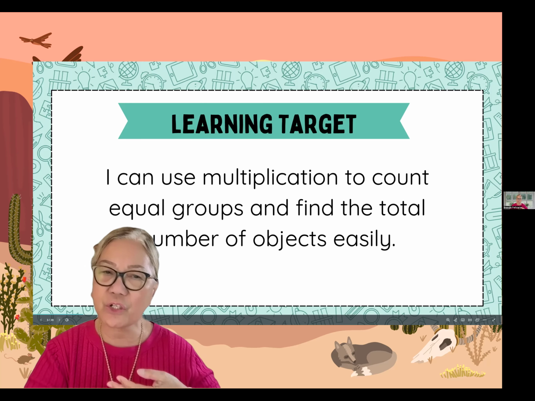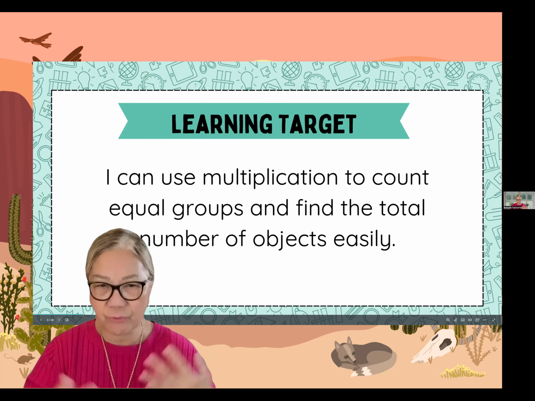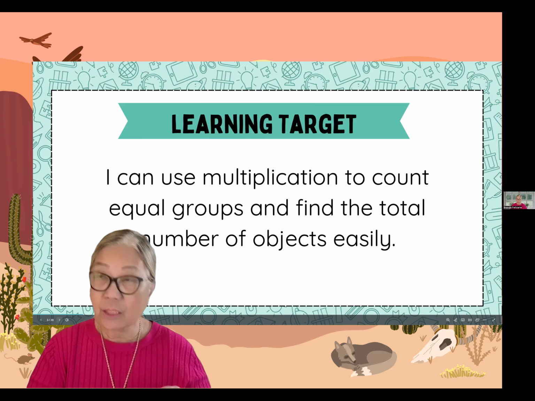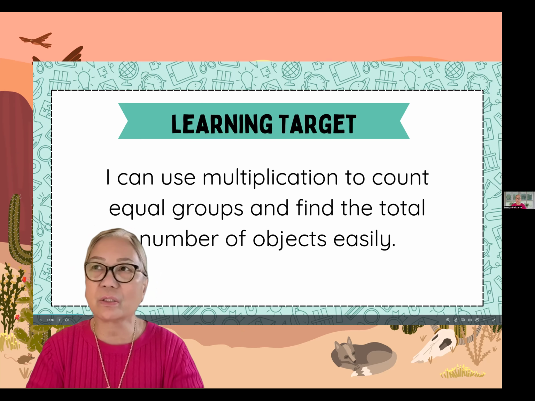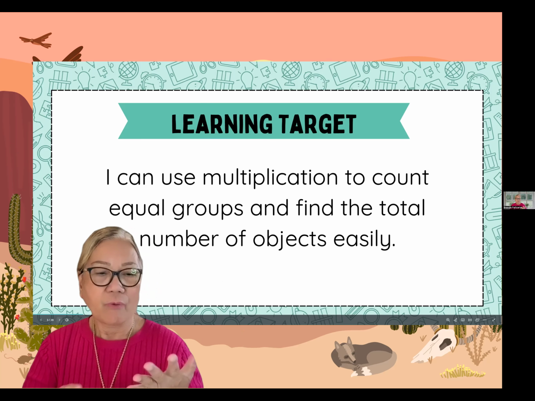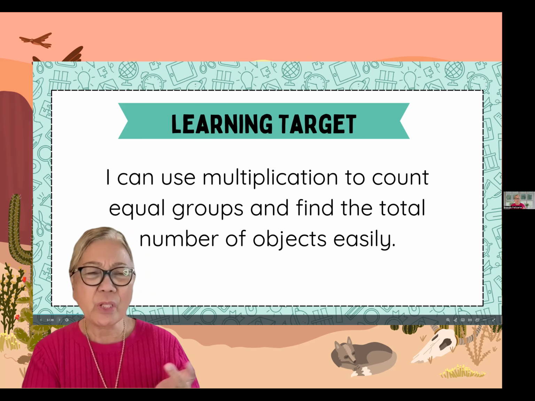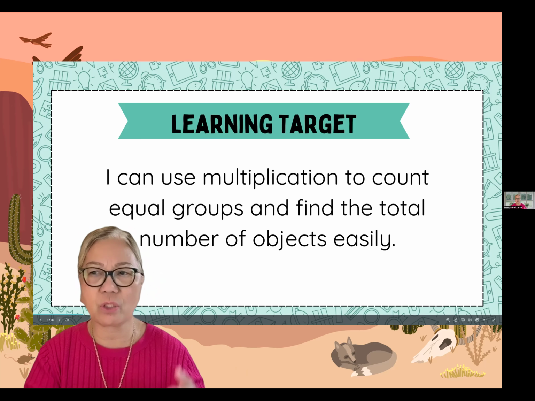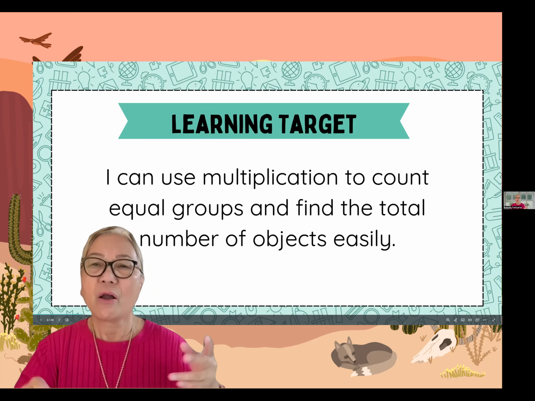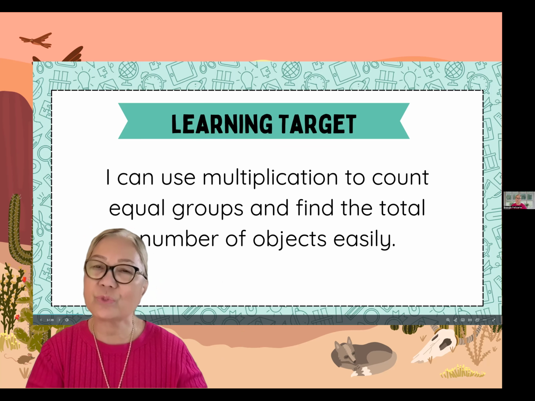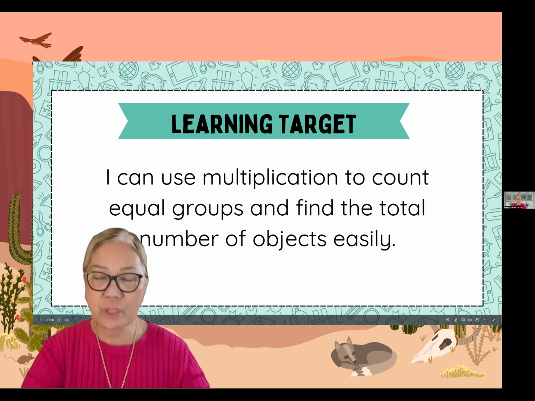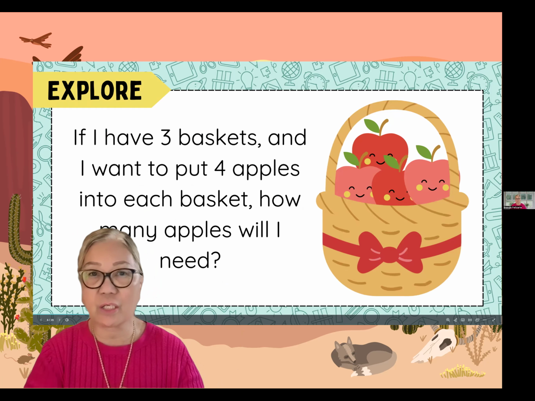I can use multiplication to count equal groups and then find a total. That means the product. So at least before this, you have already taught your students factors. I think we have a lesson before here about factors and multiples, factors and products, times symbol, all of those are prerequisite to learning multiplication.